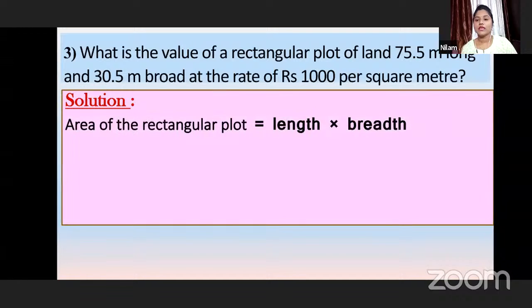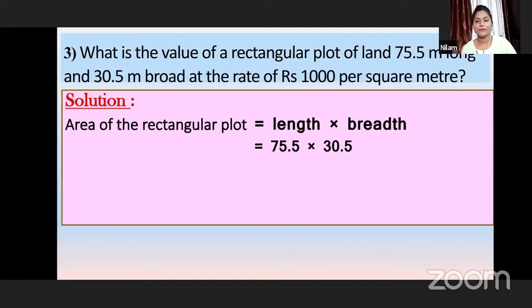So the area of rectangular plot equals length multiplied by breadth. Length times breadth. Okay. Now we will put the values which are given in the question. So the length is 75.5 meter and breadth is 30.5 meter.